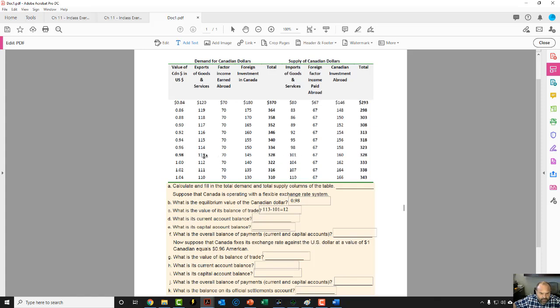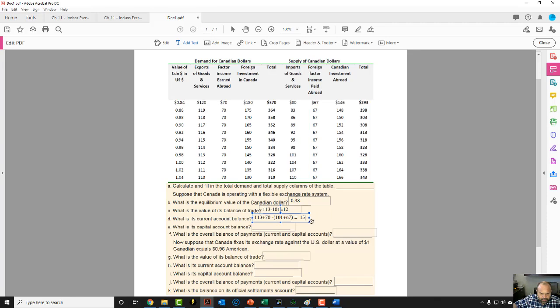So the current account balance will be 113 plus 70 minus, and looking here, 101 plus 67. This should be 101, and the answer here will be 15.